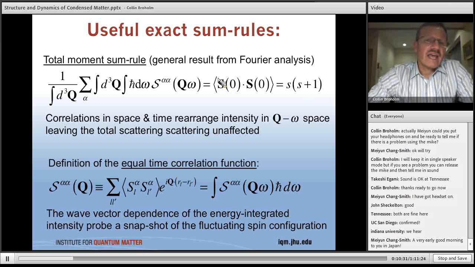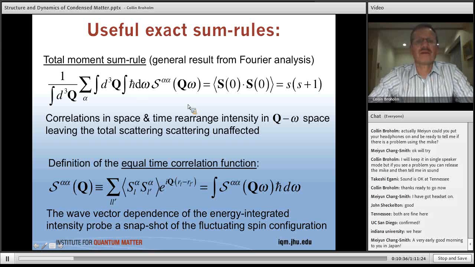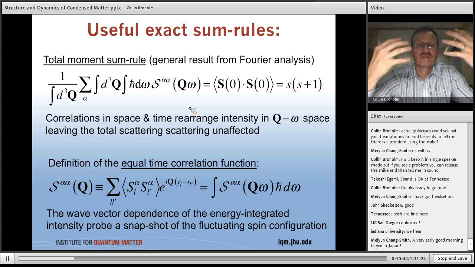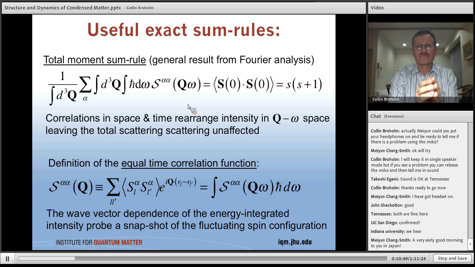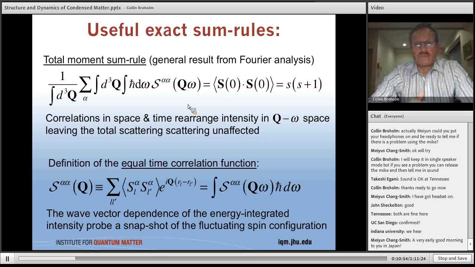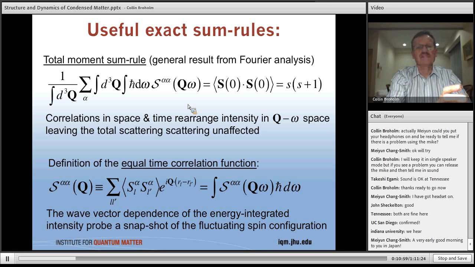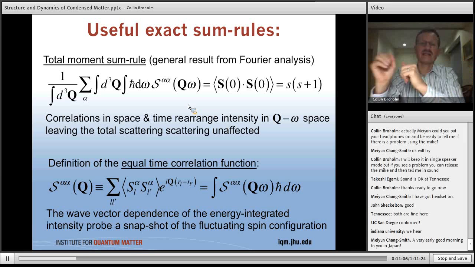And that's okay, because the main virtue of this total moment sum rule is that it allows the experimentalist to develop this concept that if I have a system of spins interacting in some fashion, then the result of these interactions, from the point of view of a scattering experiment, is to distribute a certain fixed amount of intensity in specific and interesting ways through momentum and energy space.